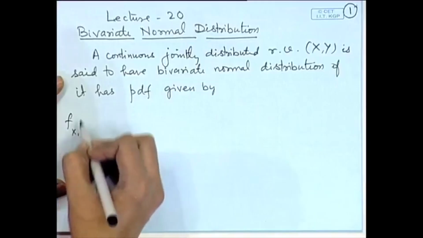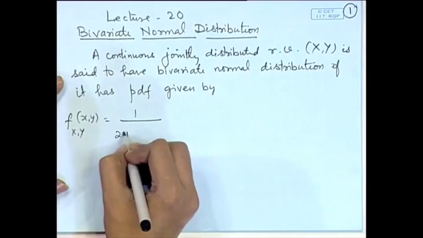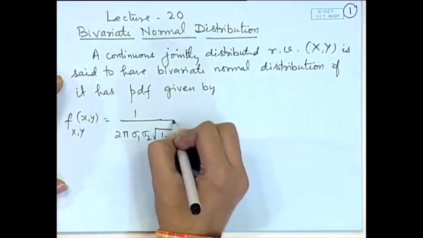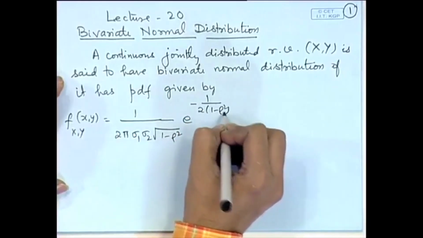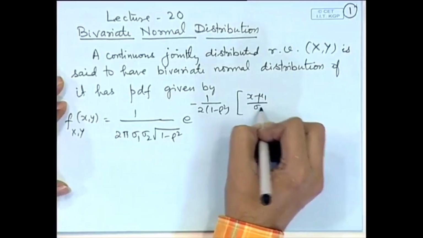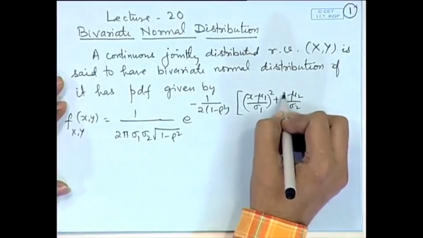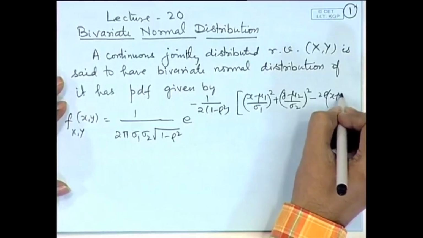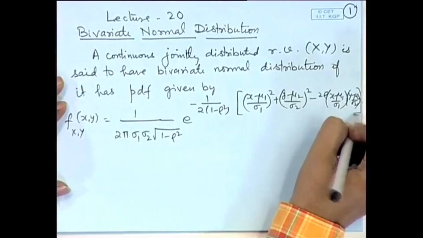f(x, y) equal to 1 by 2 pi sigma 1 sigma 2 root 1 minus rho square, e to the power minus 1 by 2(1 minus rho square) into [((x minus mu 1) by sigma 1) square plus ((y minus mu 2) by sigma 2) square minus 2 rho ((x minus mu 1) by sigma 1)((y minus mu 2) by sigma 2)].